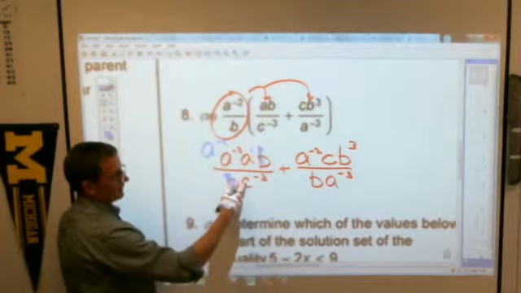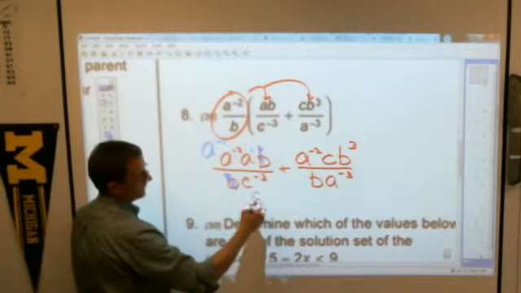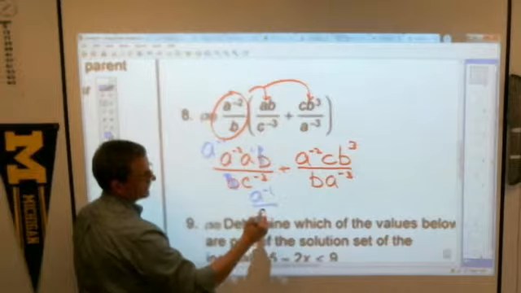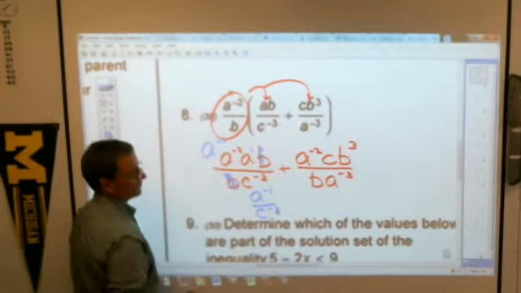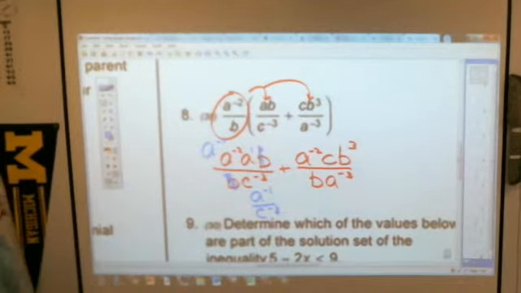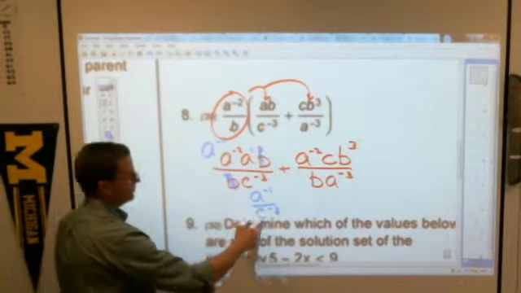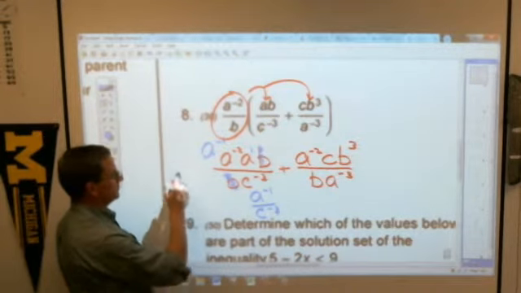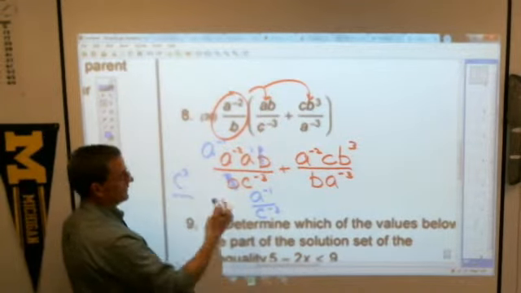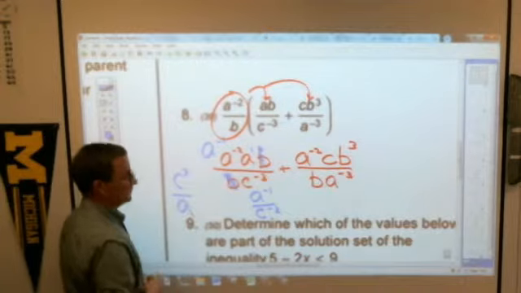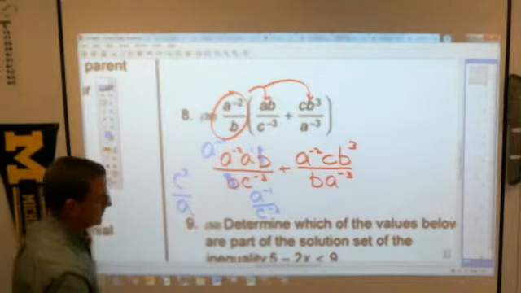And then I've got a to the negative 1 over c to the negative 3. What's wrong with those negative exponents? How do I fix negative exponents, Jacob? You switch them. Right. I'm just going to move the c to the 3 on top, and I'm going to move the a to the bottom. So there's my first term, simplified.